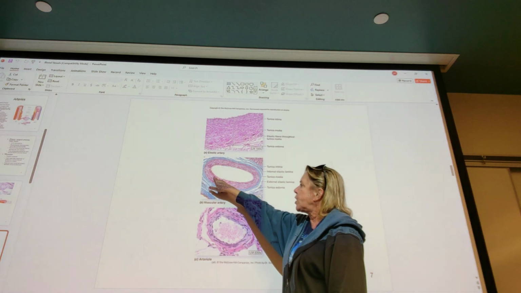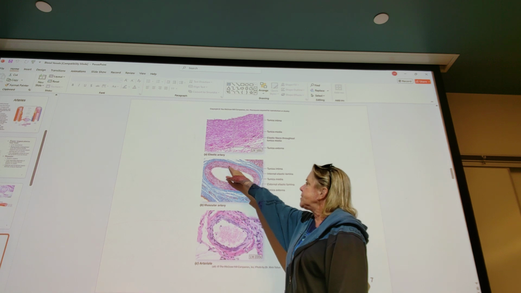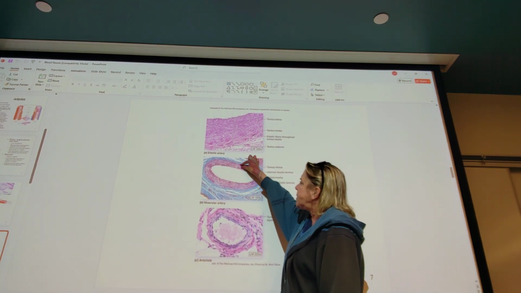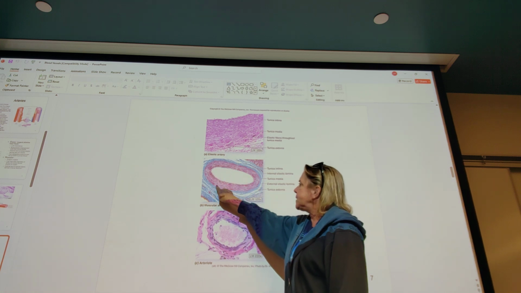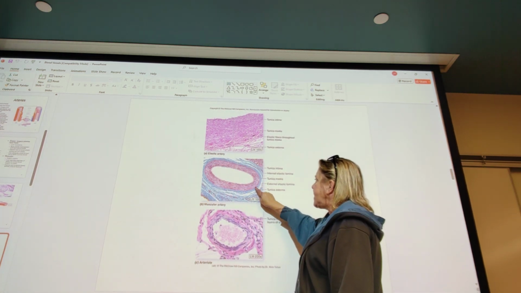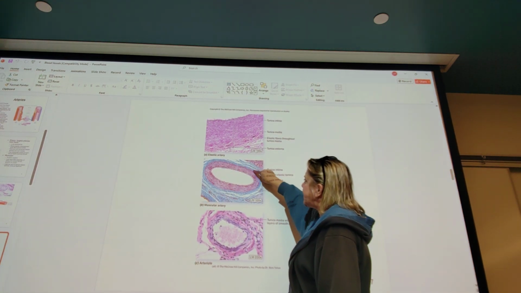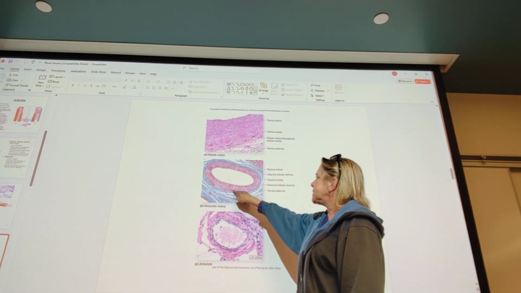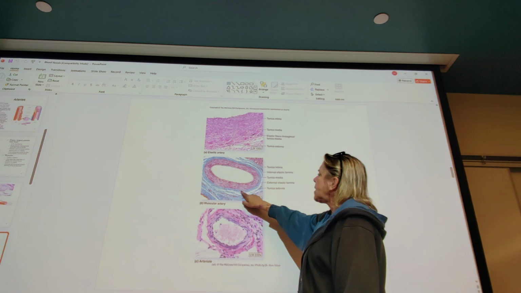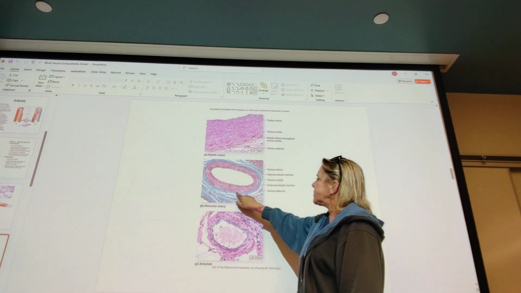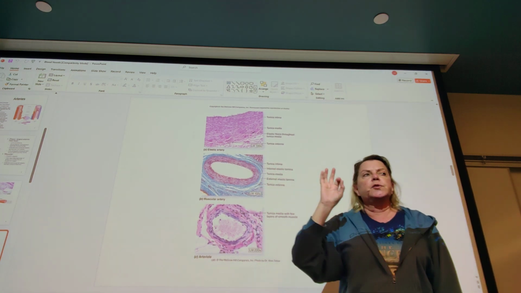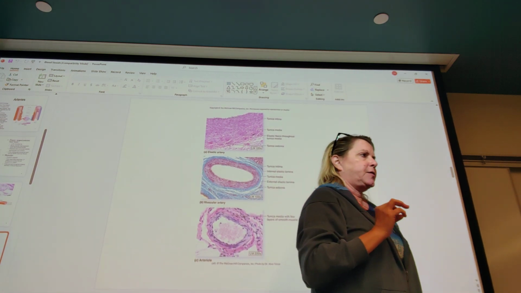Then this dark pink band around is the internal elastic lamina. Then this thicker part here is the tunica media. And then we have this dark pink band going around that. That's the external elastic lamina. And then out here we have the connective tissue called the tunica externa or tunica adventitia. It has two names.